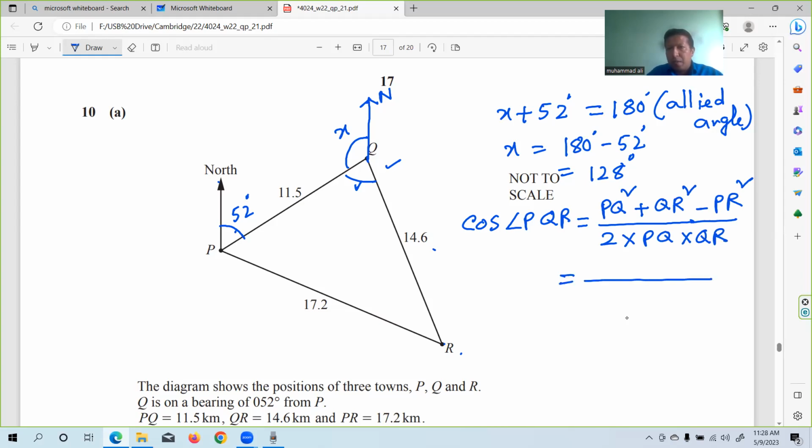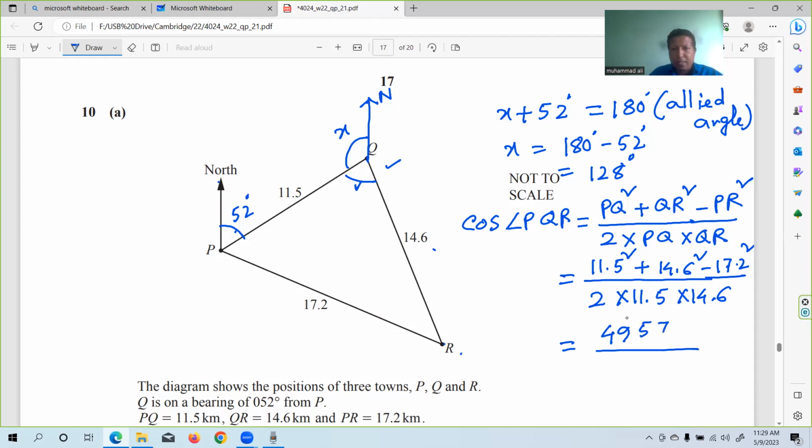PQ equals 11.5 squared, QR equals 14.6 squared, and PR equals 17.2 squared, divided by 2 into 11.5 multiply 14.6. After calculation, we'll get 0.495733580. So cos angle PQR equals this.